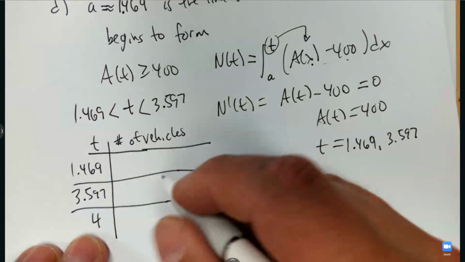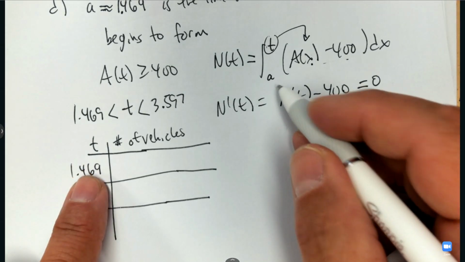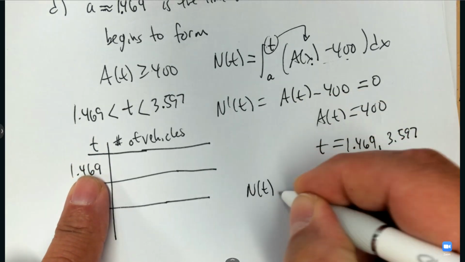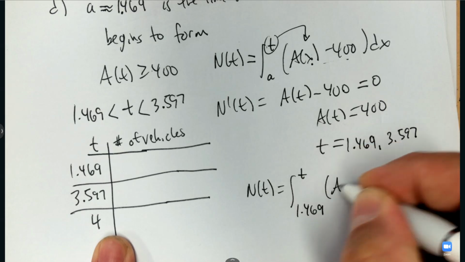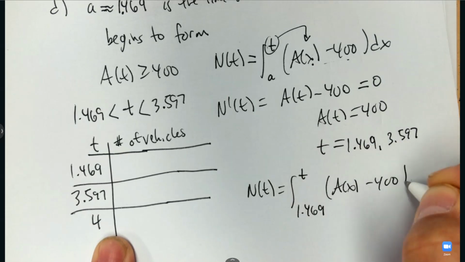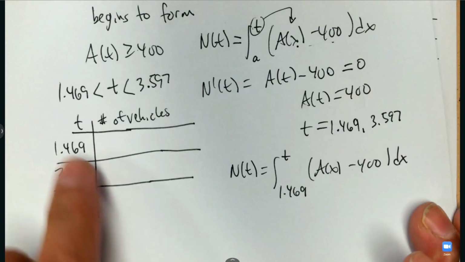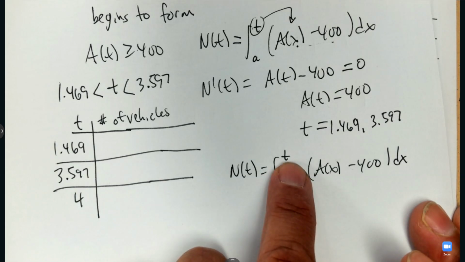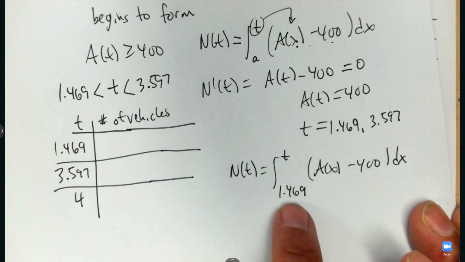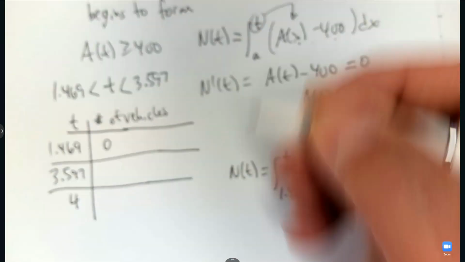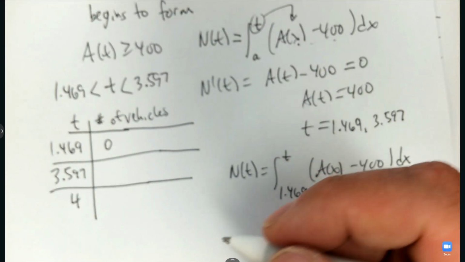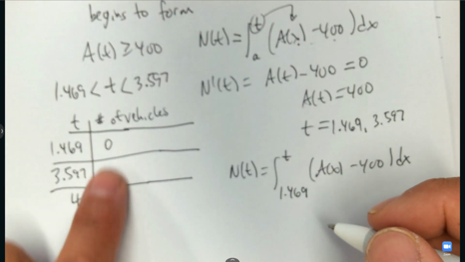Now, if I integrate using this equation, we know that A is 1.469 to t. So if I plug in 1.469, when I integrate and the top number and bottom number are the same, there is no area, that's 0. That means there are no vehicles waiting, because they just started at that time.